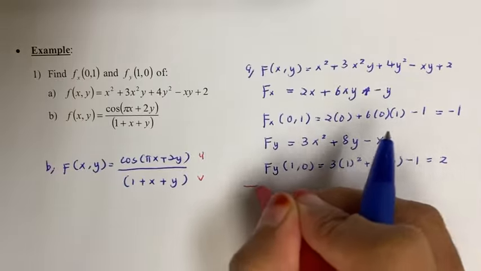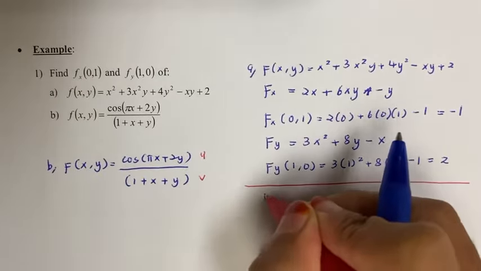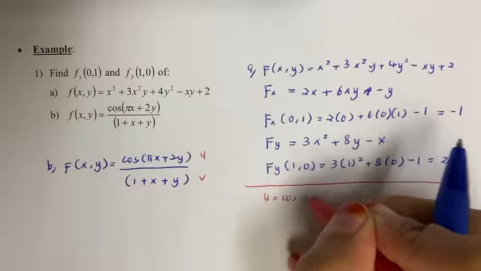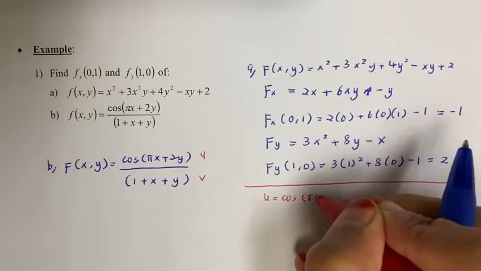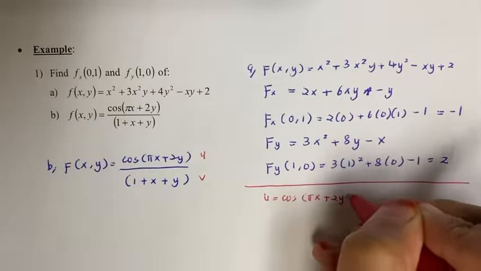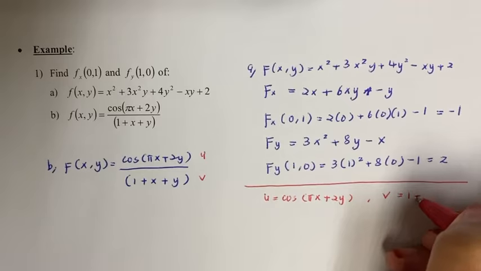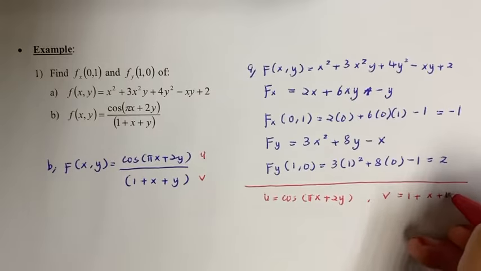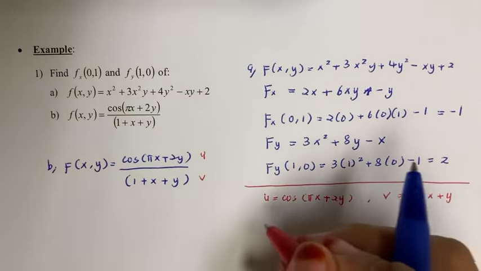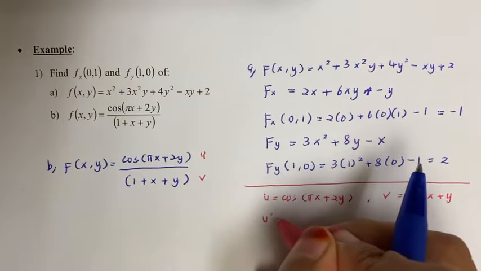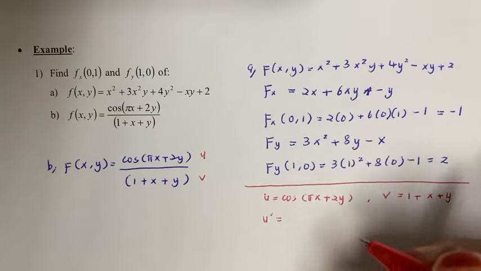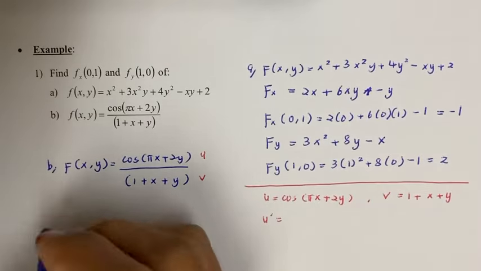So let's say here you have u equal to cos(pi x plus 2y) and v equal to 1 plus x plus y. Okay, find what is u prime with respect to x for fx.